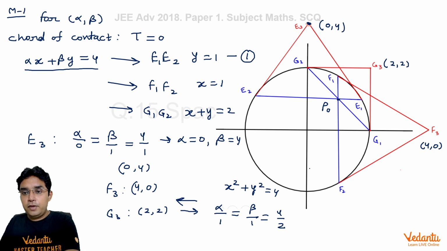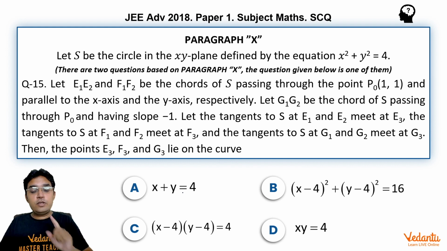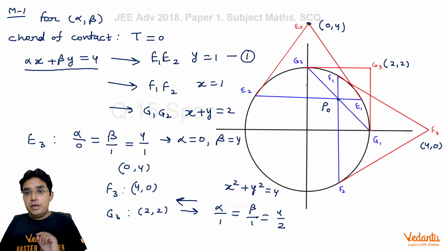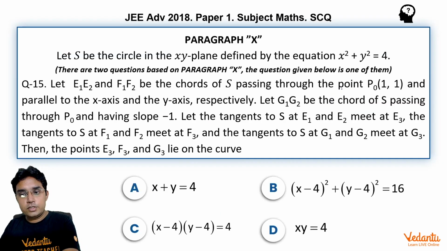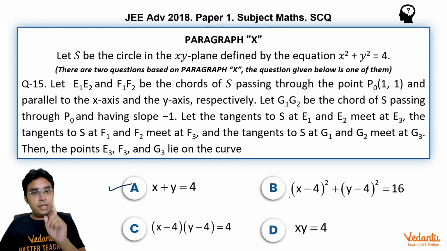Now if we start putting these values in these options, we can see x plus y is equal to 4 is the option which is satisfied by all these 3 points 0, 4, 2, 2 and 4, 0. So option A is correct. In fact, no other option is satisfying it, so the only correct option is A.